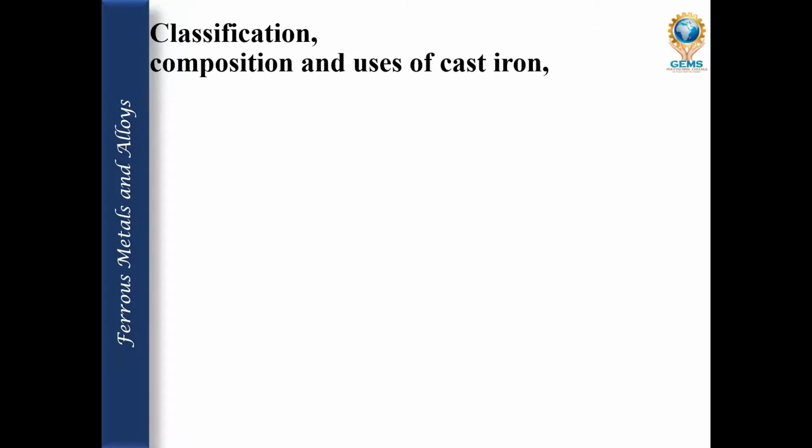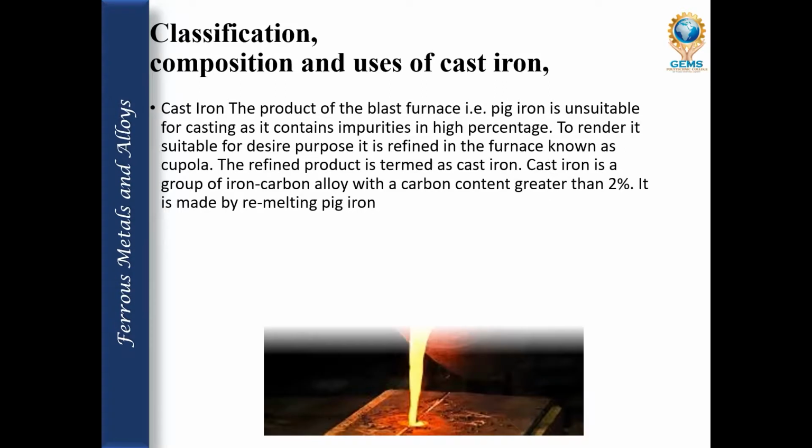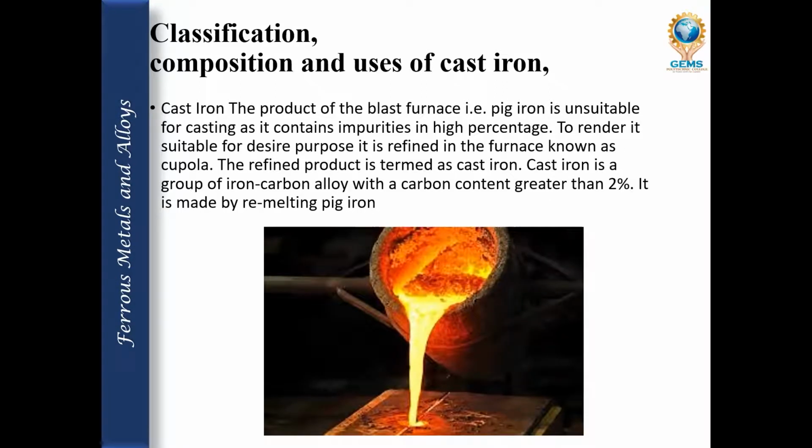Next is the classification, composition and use of cast iron. Cast iron is a product of the blast furnace, i.e. pig iron, which is unsuitable for casting as it contains impurities in high percentage.